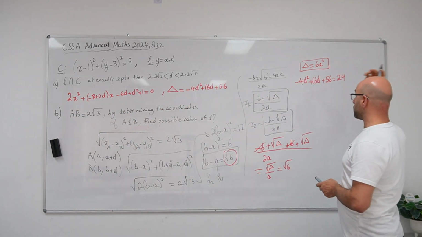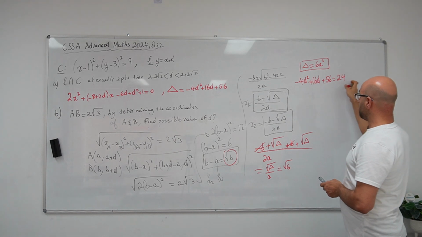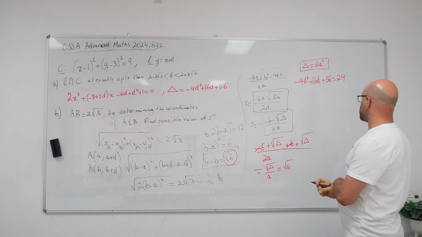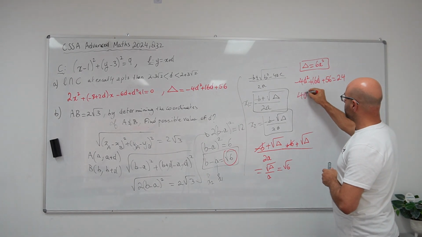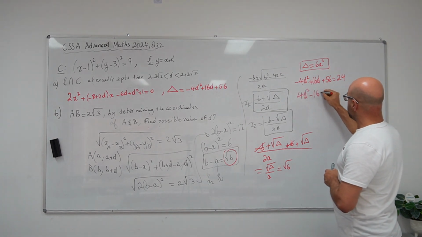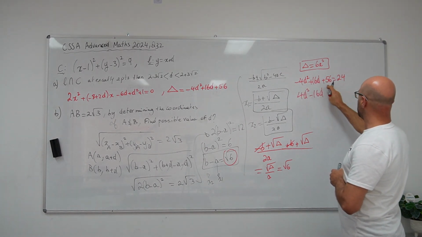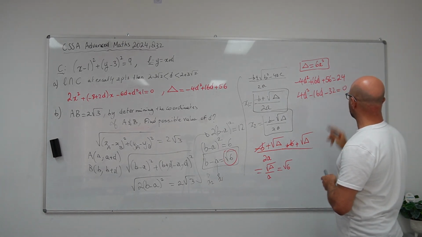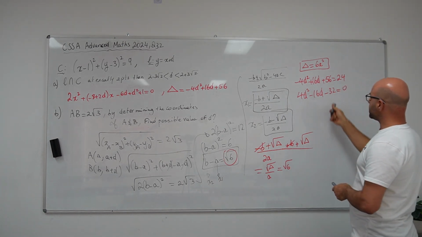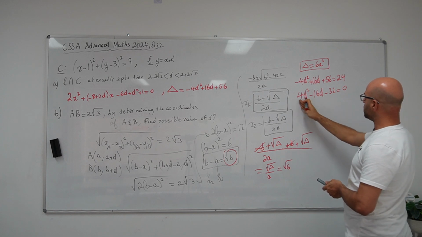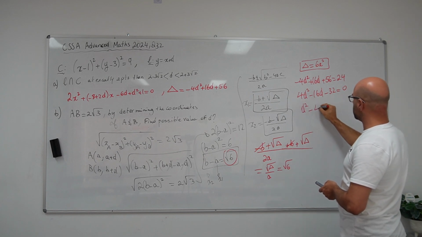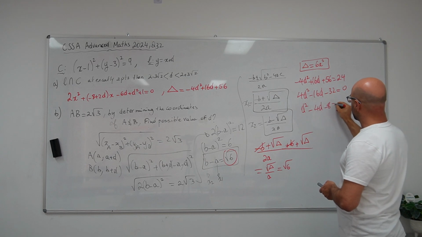I'm going to move everything to the left-hand side just to make the coefficient of d squared positive. I get 4d squared minus 16d, and 24 minus 56 gives minus 32, equals 0 here. Just like before, we are able to simplify by 4 to make it easier, and that's d squared minus 4d minus 8 equals 0.